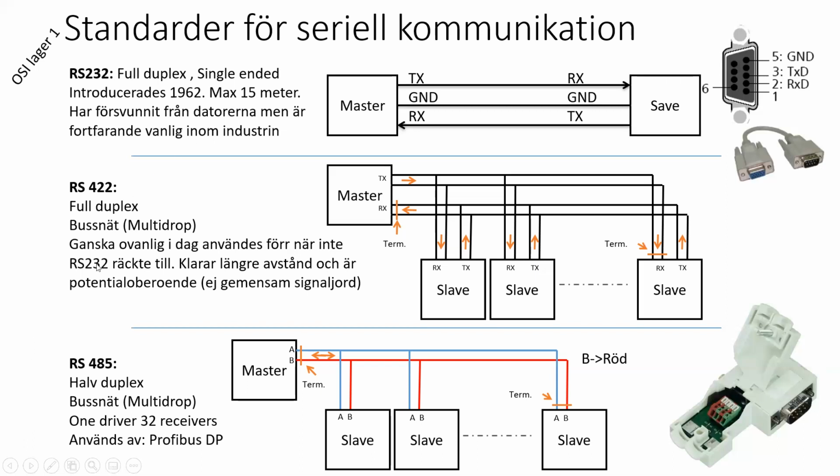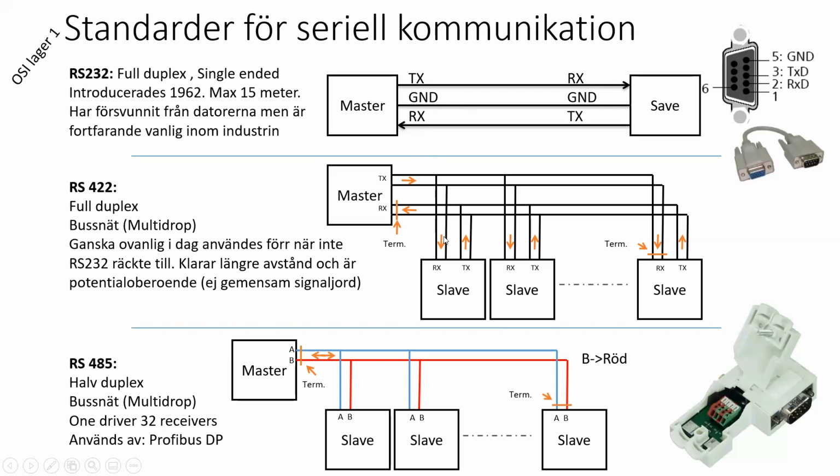So two other examples are RS-422 and 485. They were able to do longer distances and had better electric characteristics in some way. So, for example, this one was full duplex, but a bus network. The basic serial here is only point-to-point.